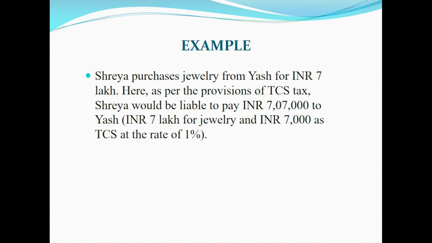Example: Shreya purchases jewellery from Yash for rupees 7 lakhs. Here, as per the TCS provisions, Shreya would be liable to pay 7,07,000 to Yash, where 7 lakhs is for jewellery and the TCS rate is 1%.